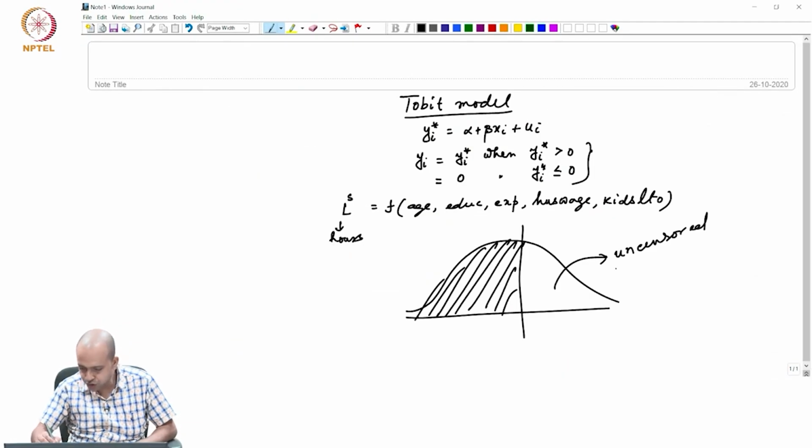So, this portion you have 428 observations, that is what it means, right.